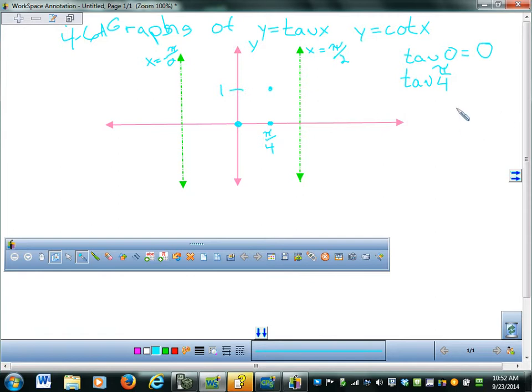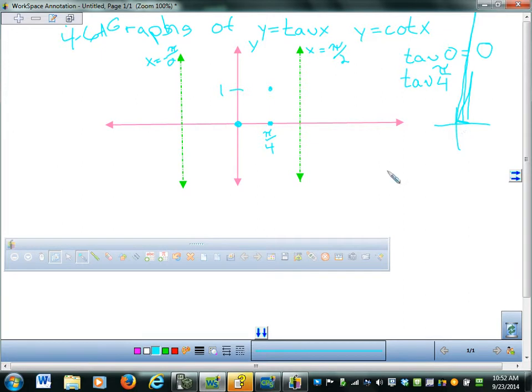Then with a tangent function, as the ratio of the opposite side to the adjacent side gets closer and closer to pi over 2, what happens to that ratio? It gets infinitely large, because when you're almost straight up at pi over 2, the opposite side is really big and the adjacent side is really small.